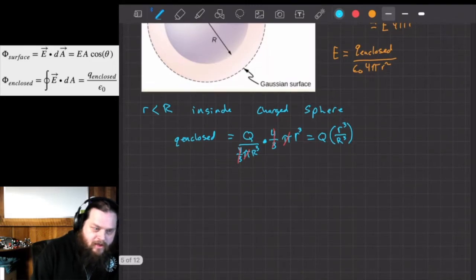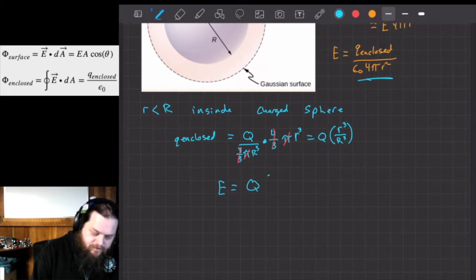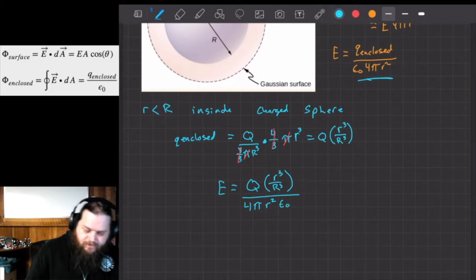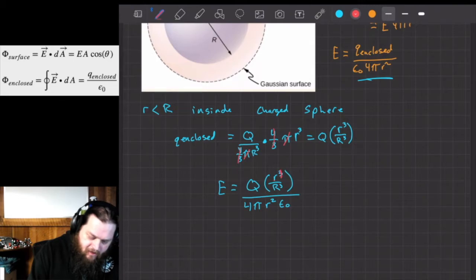And now plugging that back into our electric field equation up here, the electric field is going to be equal to the charge times little r cubed over big R cubed, divided by 4 pi r squared epsilon naught. We can do a little bit of cancellation here, canceling out the r squared on the bottom and 2 of the little r's up top.